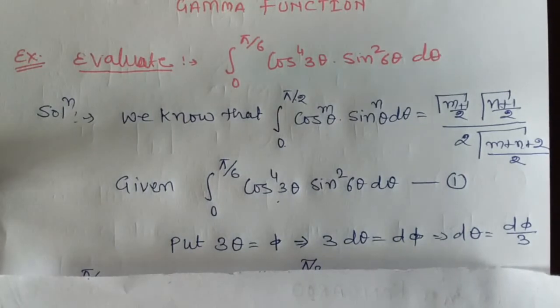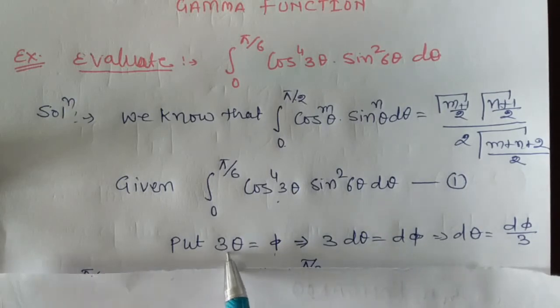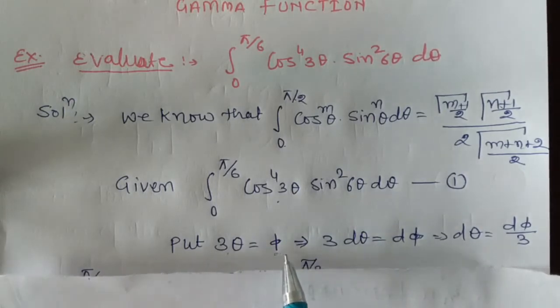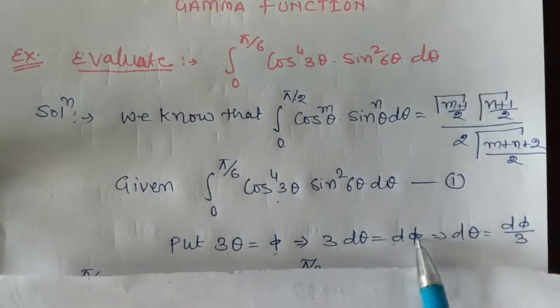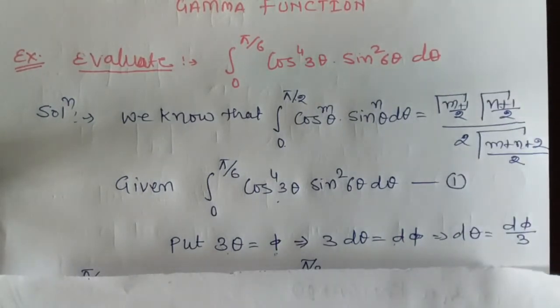Put 3 theta equal to phi. We use the transformation 3 theta equal to phi, which leads to 3 d theta equal to d phi by differentiation, and which gives d theta equal to d phi by 3. So we use this transformation in the given integral.